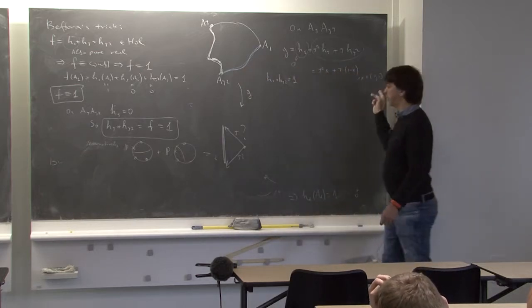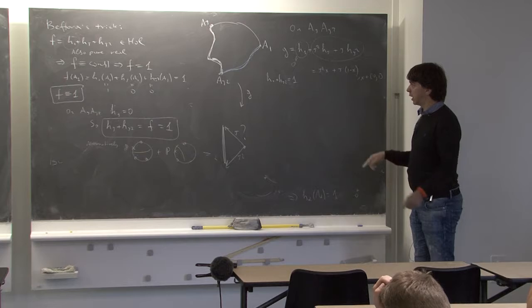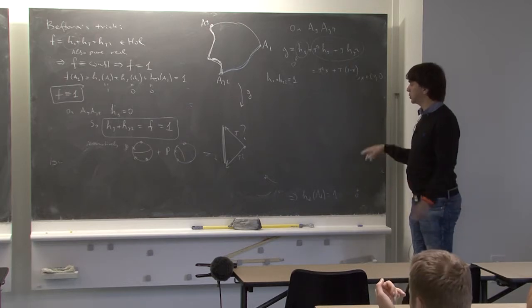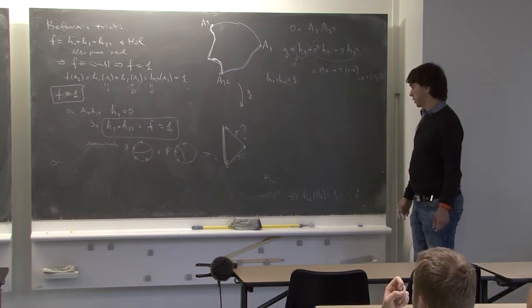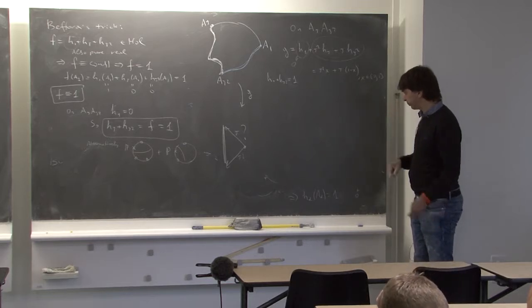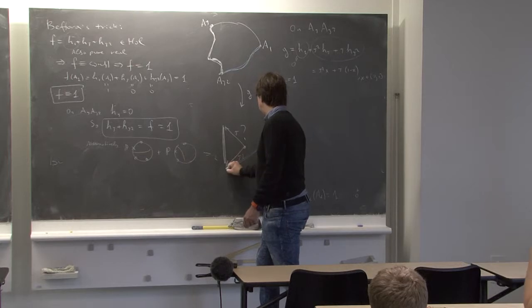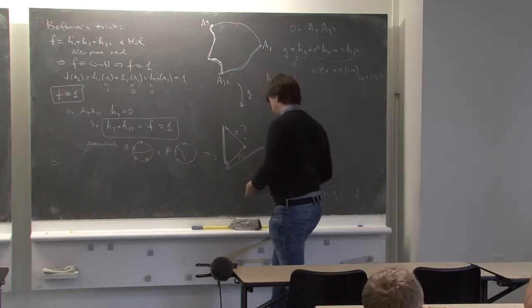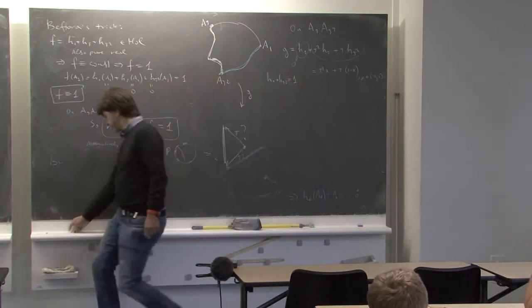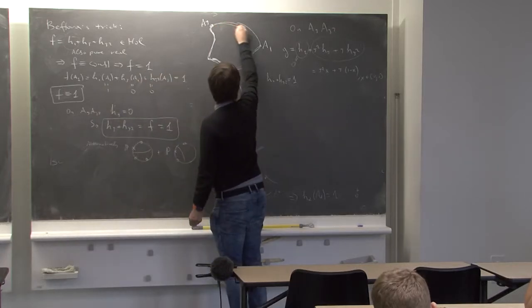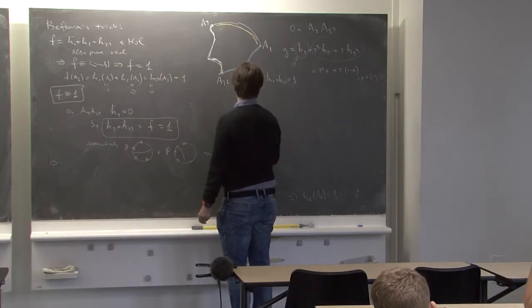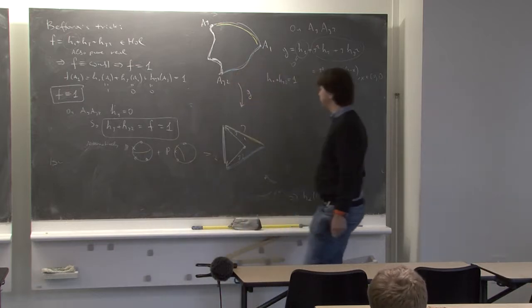So it will be an interval which joins two other points. Now I think I might have somewhere confused the order. And then the third arc should go like that.